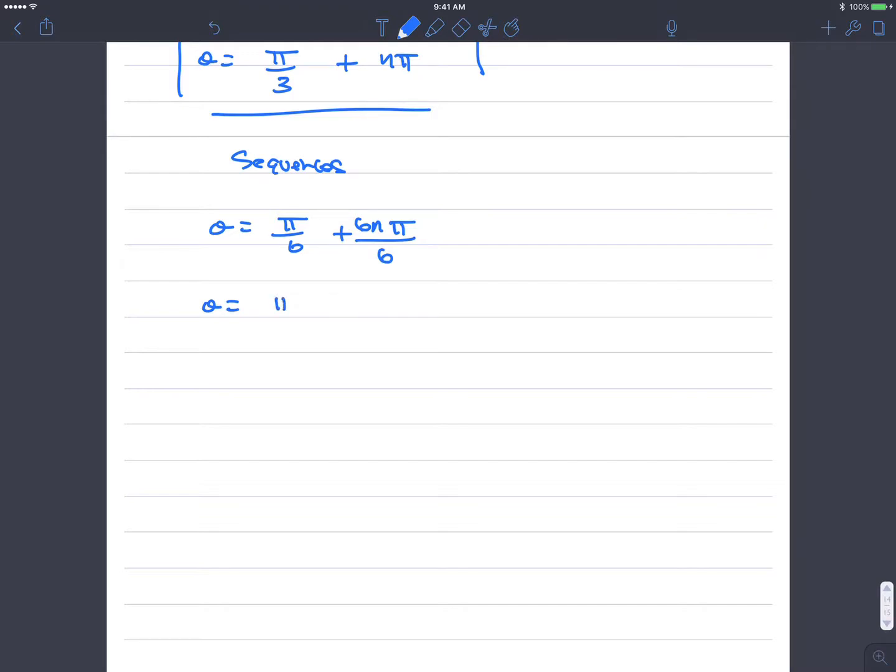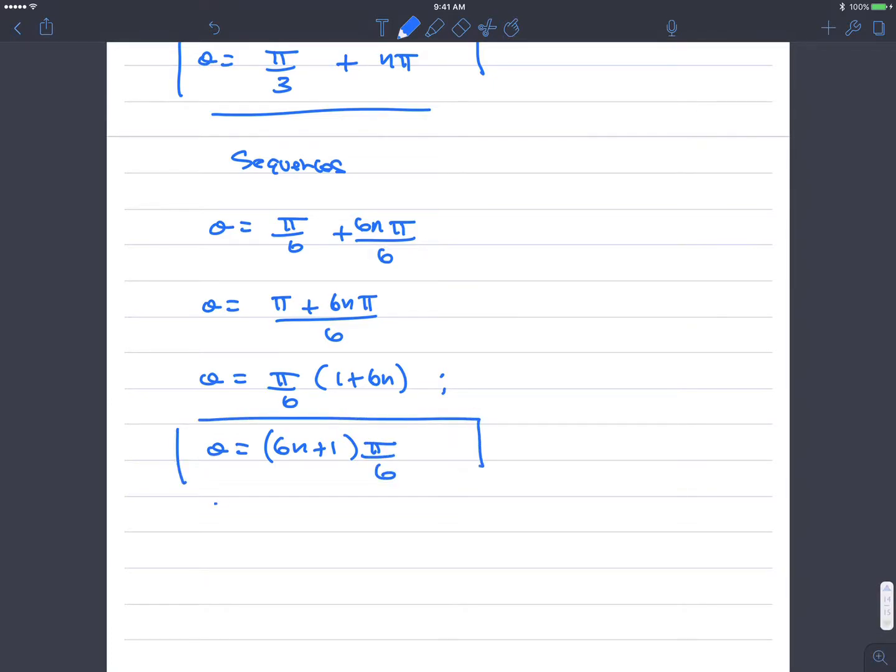So we get pi plus 6n pi over 6. Factor pi over 6, 1 plus 6n, or 6n plus 1 times a multiple of what? Pi over 6. Don't forget, n is an integer.